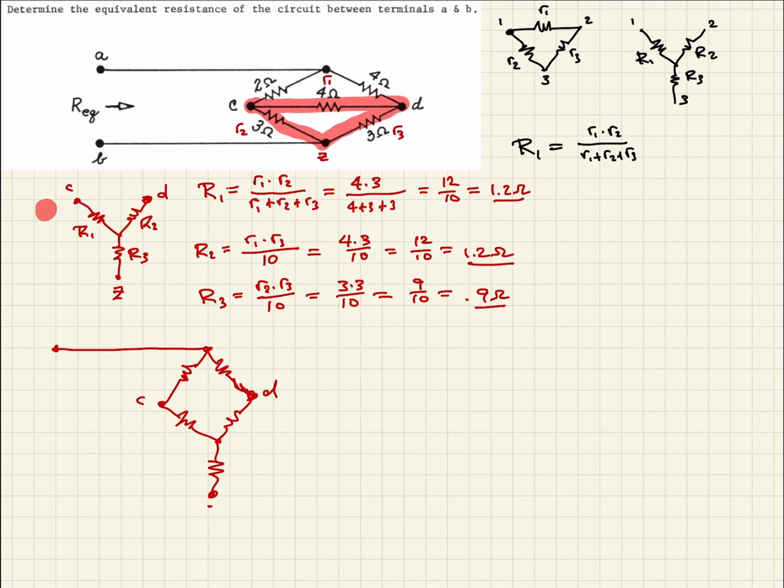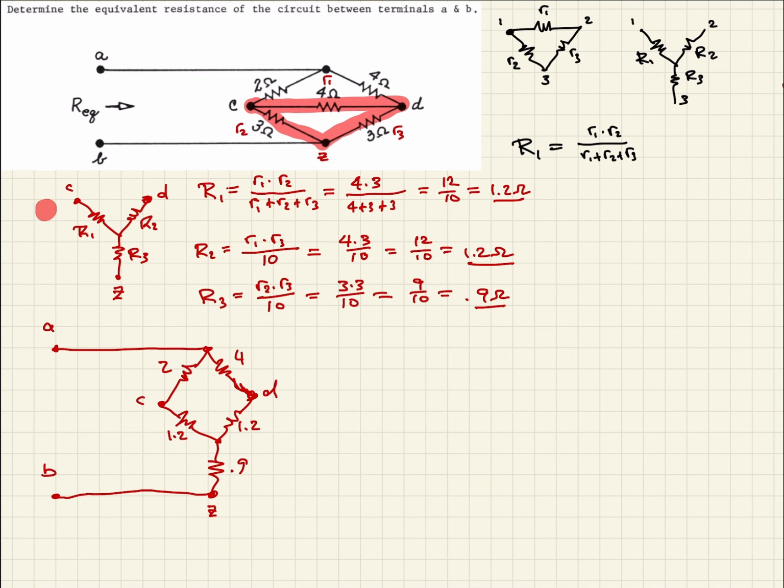So now this is Z. And so our R1 was 1.2, our R2 was 1.2, and our R3 was 0.9. These resistors stay the same, 2 and 4. All right, and then this is still A and B. So now we've transformed our circuit.